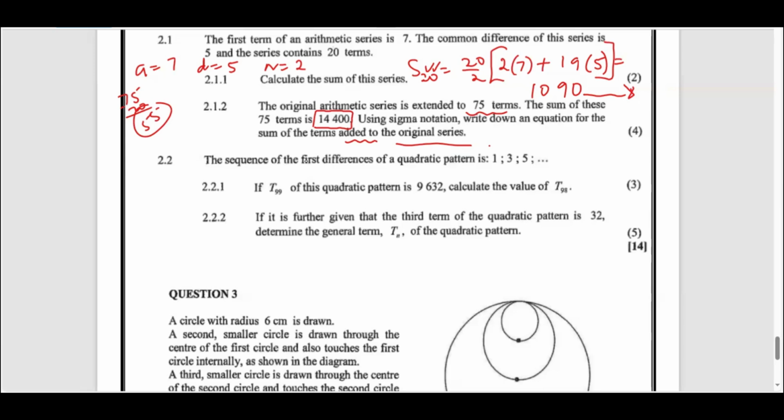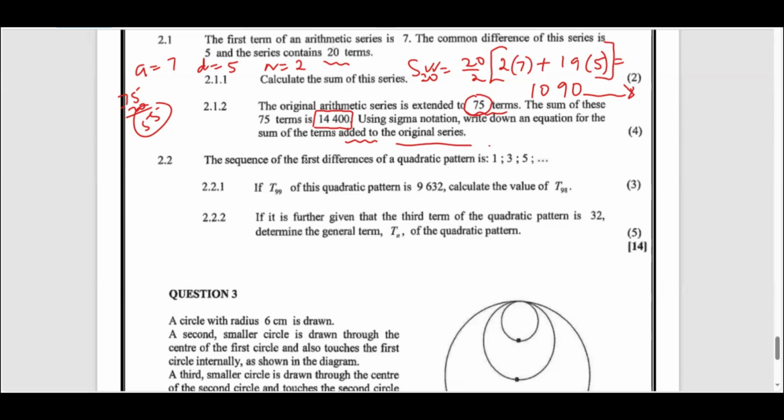So if we start from 55 plus 1, we're going to be talking about, wait a minute, we're talking about how many terms? We have 75 terms altogether, okay? Originally, we had 20 terms.